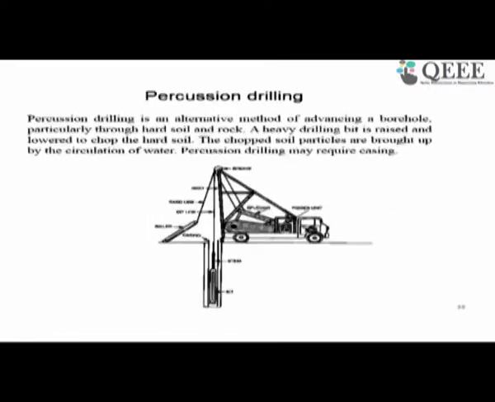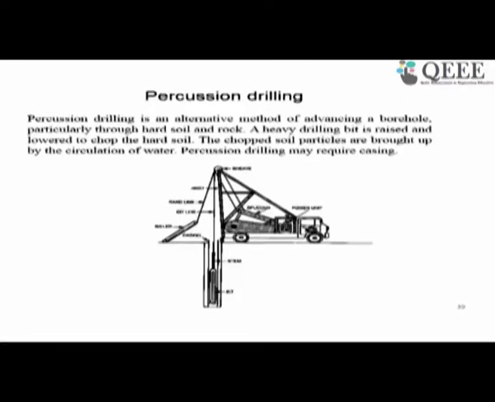The last method in case of drilling is percussion drilling. We have already seen the auger boring, the wash boring and the rotary drilling. Now the last one is percussion drilling. Here there is a chisel which is used for the cutting purpose, usually for stiff soil or rock.